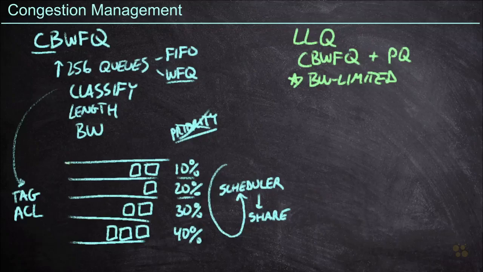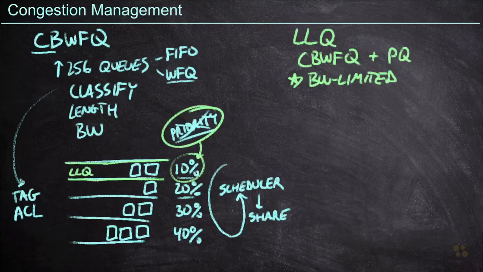Now the way this works is we're going to assign the status of low latency queue, or in other words a priority queue, to one of these queues that are in our class-based weighted fair queuing deployment. So let's say Q1 is now labeled as the low latency queue. The low latency queue now actually has priority over the rest, so long as it's abiding by its bandwidth guarantee.